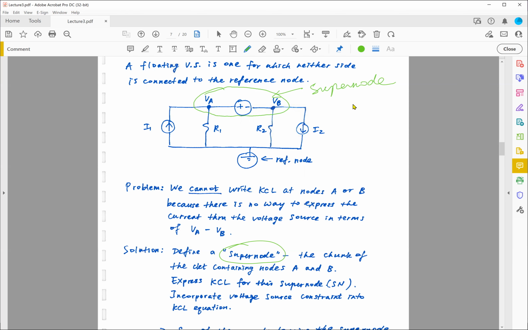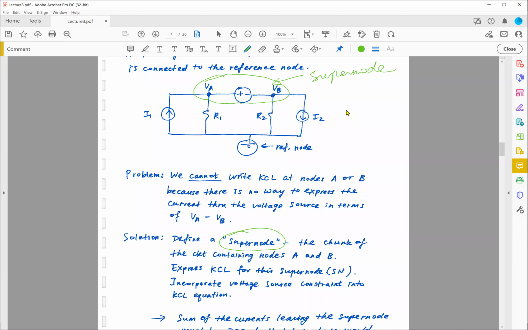So then what we have to do is come up with another equation, and that equation has to somehow relate VA and VB together. If we can generate another equation in terms of VA and VB that describes the relationship between them, then we have two equations, right?